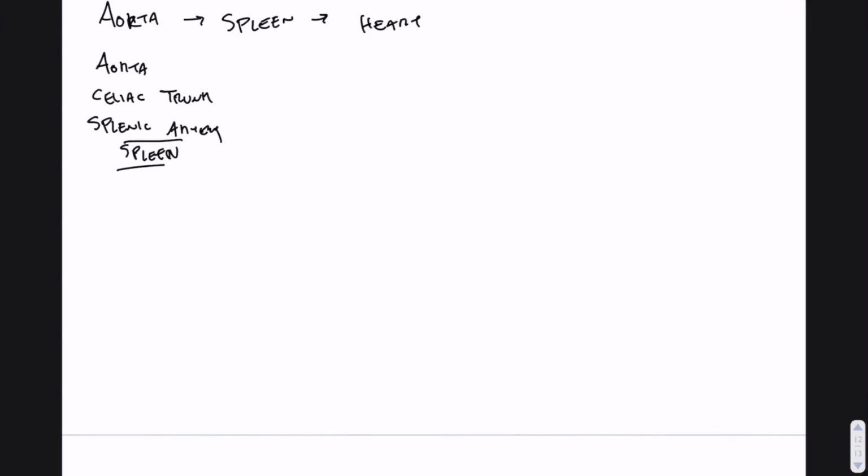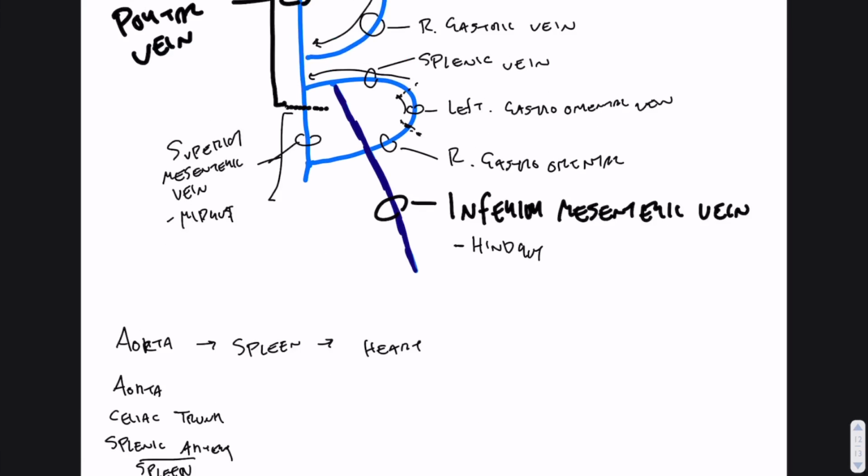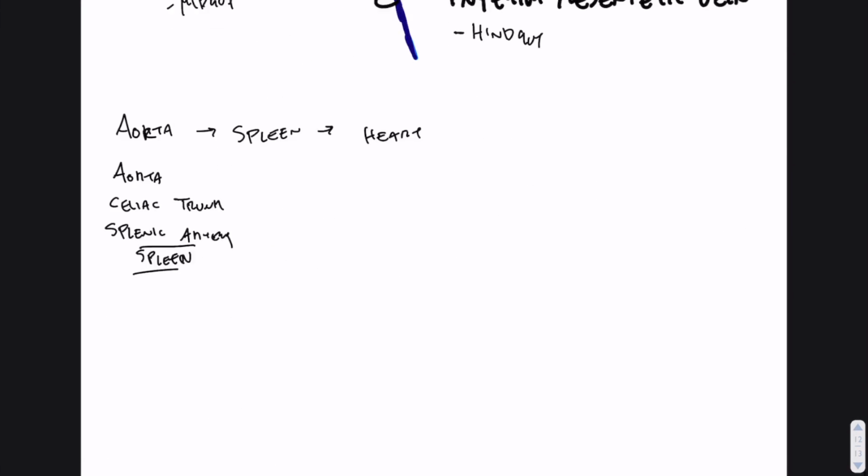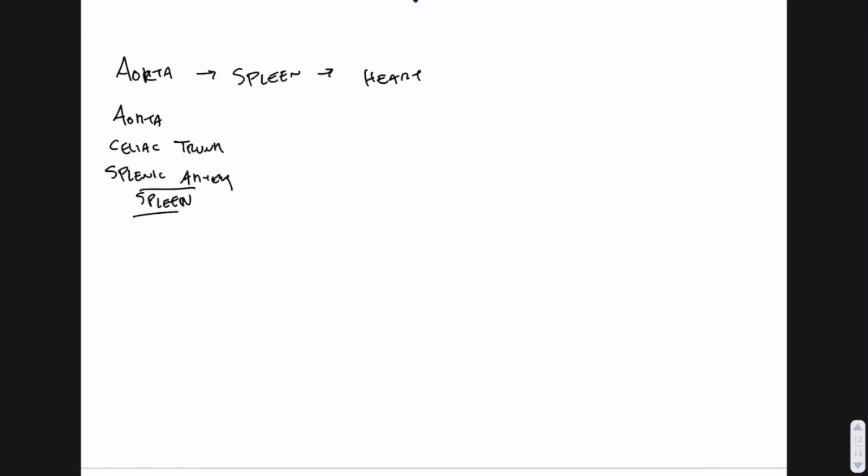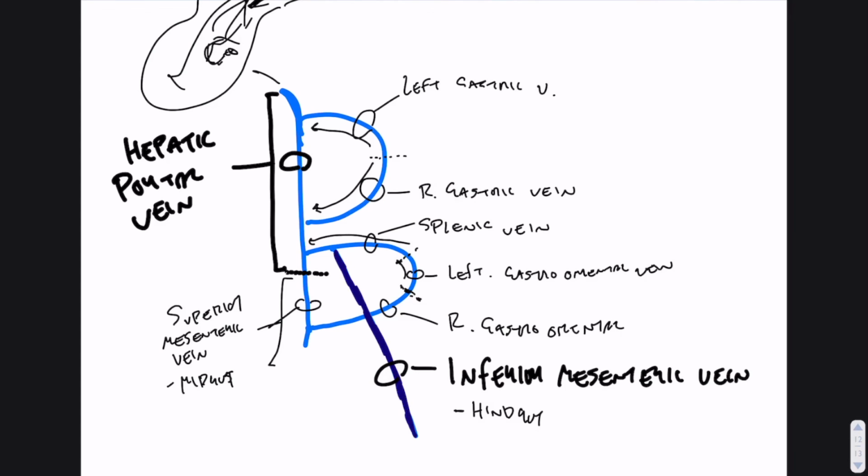Okay, so now to drain the spleen, we're using that B with a kickstand. Again, splenic artery supplied it, so splenic vein is going to drain it. The splenic vein drains into the hepatic portal vein. You can see that there.